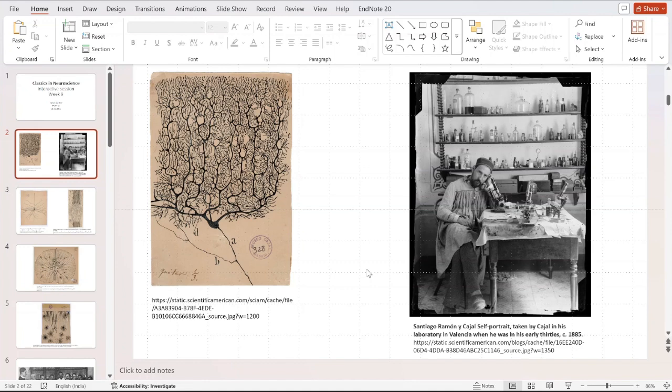So Cajal was a man of many pursuits. He made many different contributions. He was the first to observe and describe the axonal growth cone, which he described as a battering ram that goes through a lot of traffic to make contact with its target.